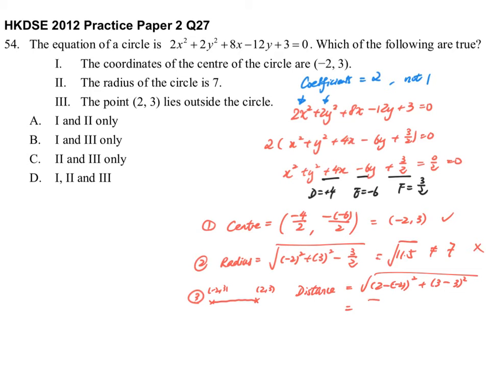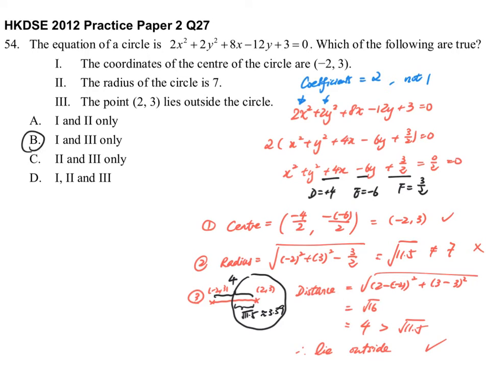We have square root 16. It is equal to 4, which is greater than the radius, square root 11.5. So the point 2, 3 lies outside the circle. Therefore, statement 3 is correct. Since statements 1 and 3 are correct, the answer is B.